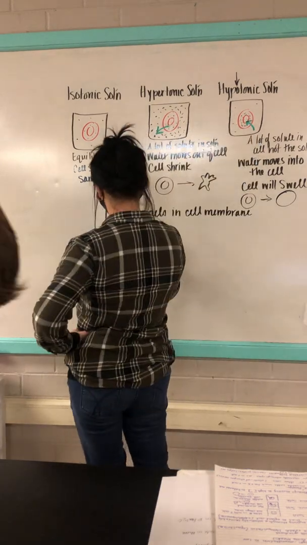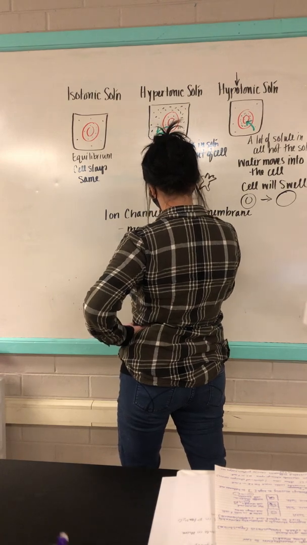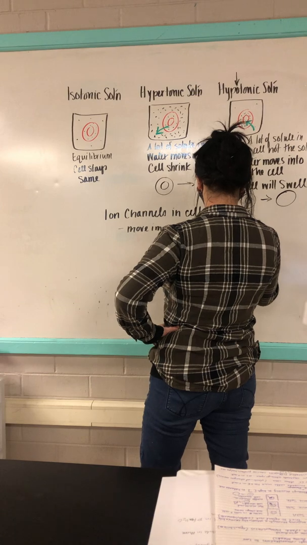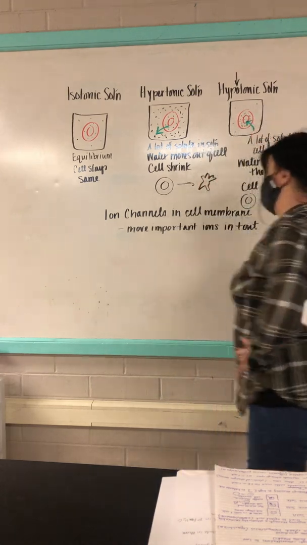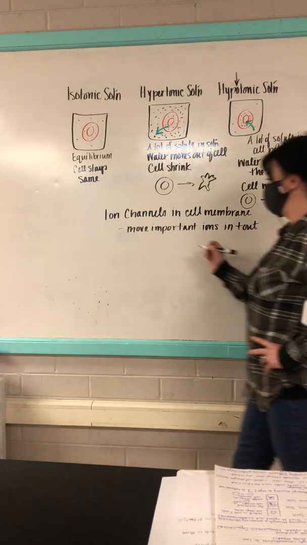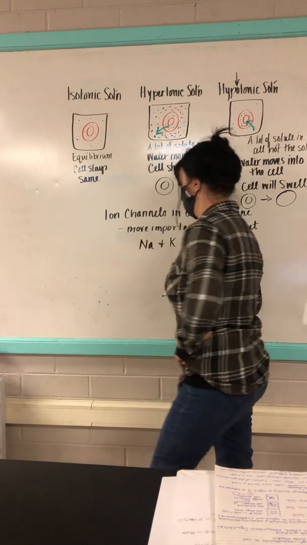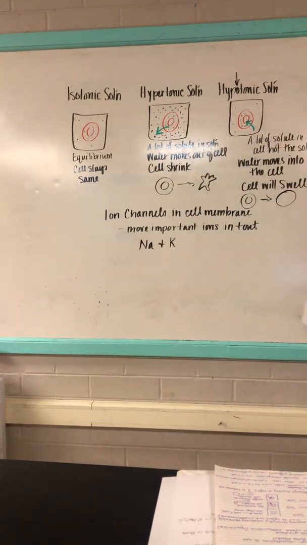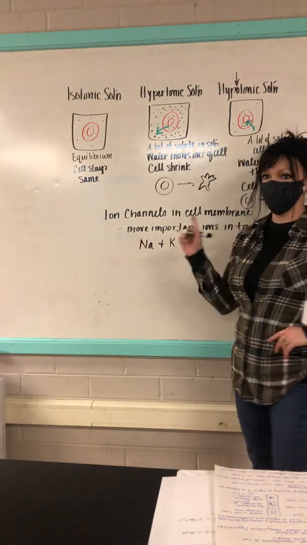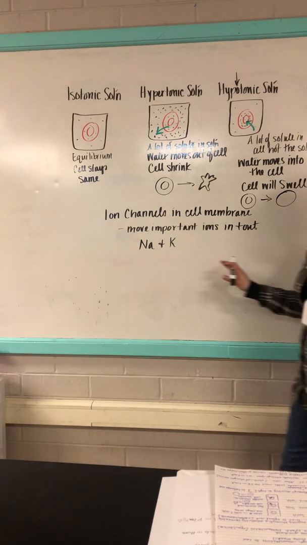These are just to move important ions in and out. Okay, so this would be like sodium and potassium. Your muscle cells work off of something called a sodium potassium pump. So it's constantly pumping sodium and potassium, trying to keep it at equilibrium.